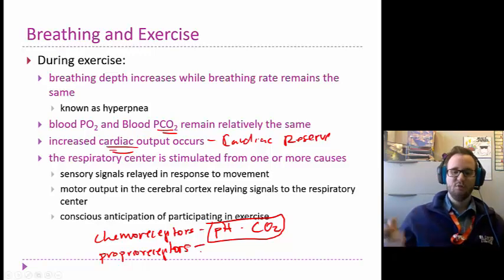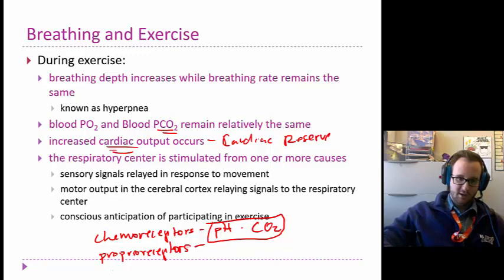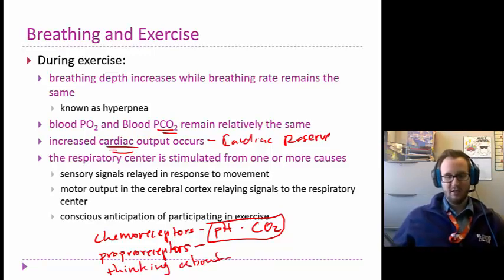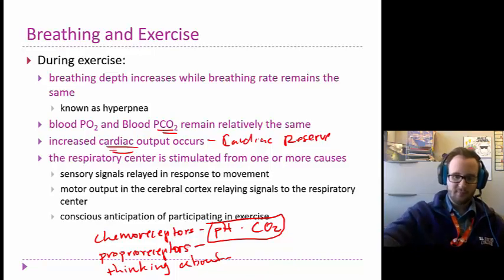And so whenever your body starts moving, it increases your respiratory rate to help accommodate the rise in CO2 that's going to happen in your body. And also your brain just has higher level thinking. And so just thinking about exercising is going to raise your respiratory rate. And this is, again, your body's way of accommodating that increase in CO2 that's about to happen, and the decrease in O2 that's about to happen.